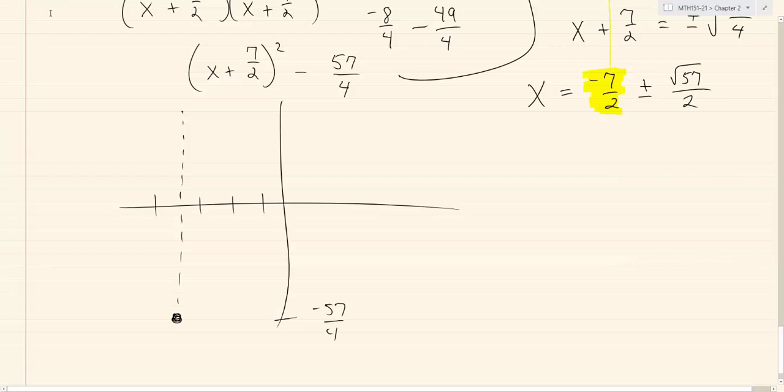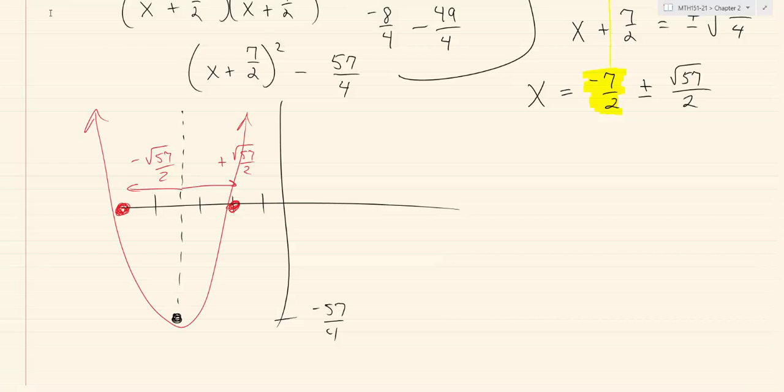And your x-intercepts are going to be plus square root of 57 over 2 this way, whatever that number is, and minus square root of 57 over 2 that way. Zip, zip. You can now find the y-intercept, the axis of symmetry, the vertex, and the x-intercepts.